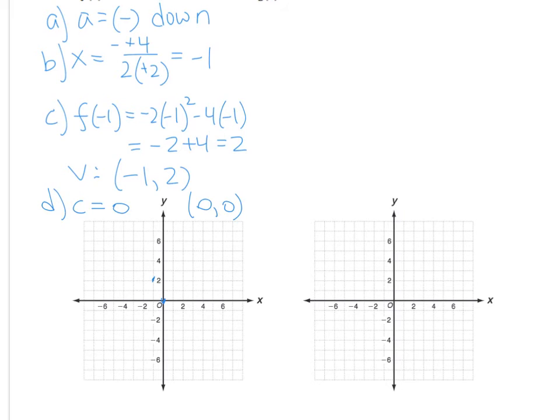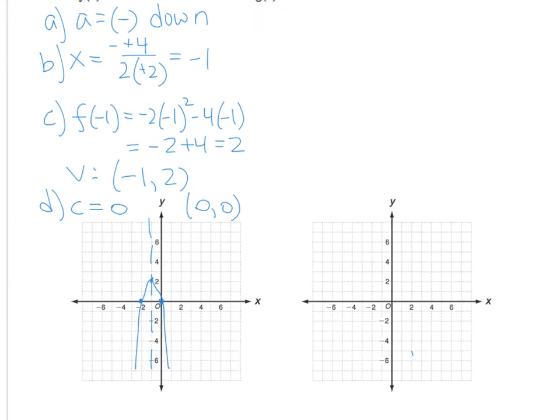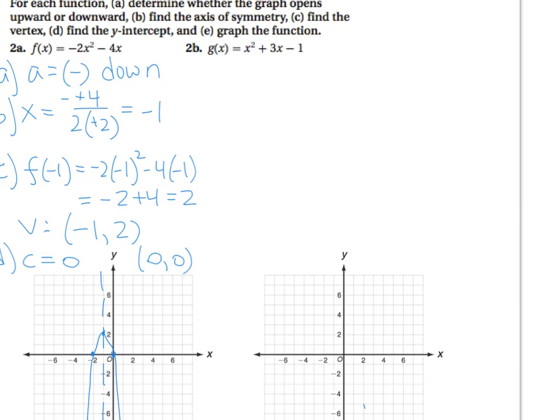Y-intercept of 0, 0. This is your axis of symmetry, so you should put that going down through the middle. And that means I have the identical point on this other side, and it opens down. You try the next one by yourself. Push pause, then play and check your answer.